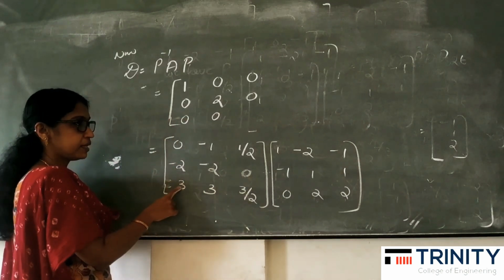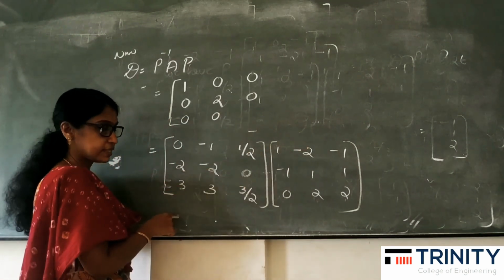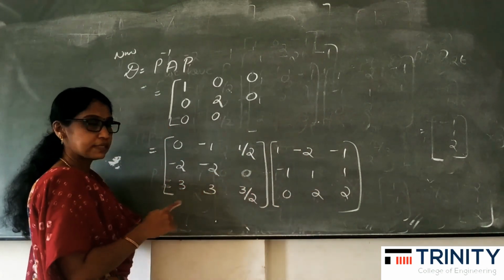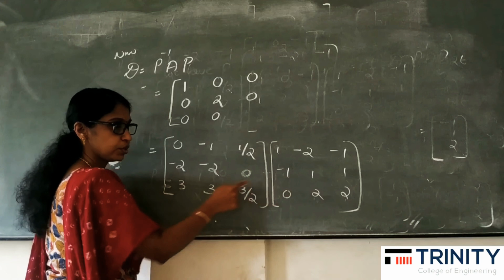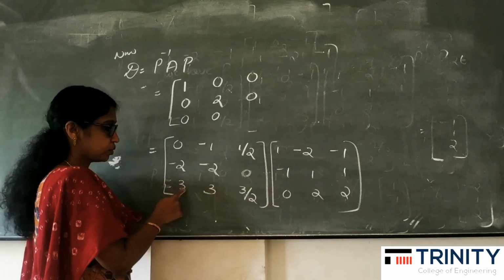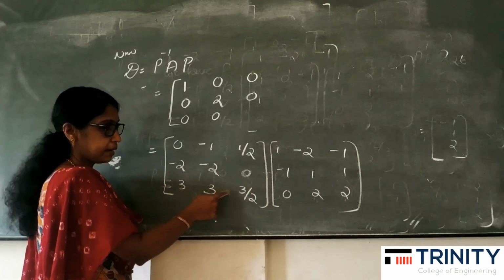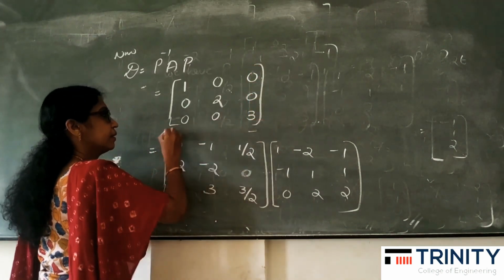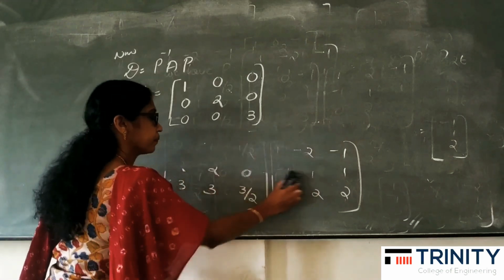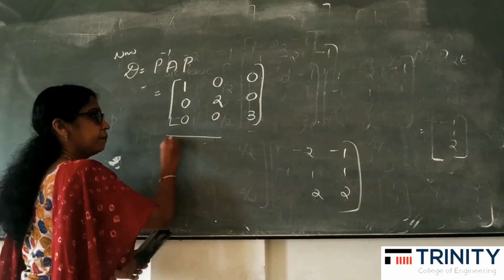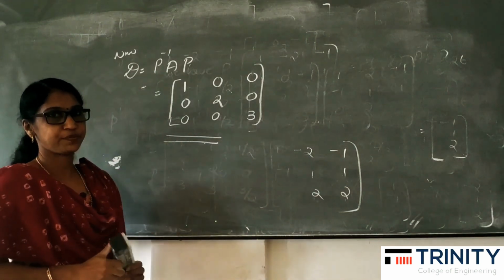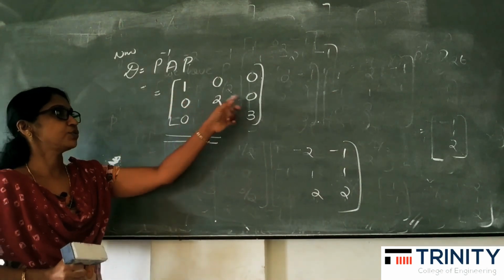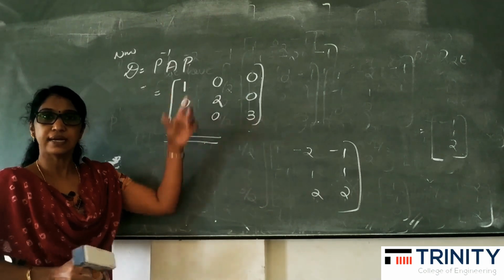And the last element, 3 into minus 1 is minus 3 plus 3, that is 0. Here 3 by 2 into 2 is 3. So minus 3 plus 3 plus 3 is 3. So this is the diagonal matrix we get. D is equal to 1 0 0, 0 2 0, 0 0 3.